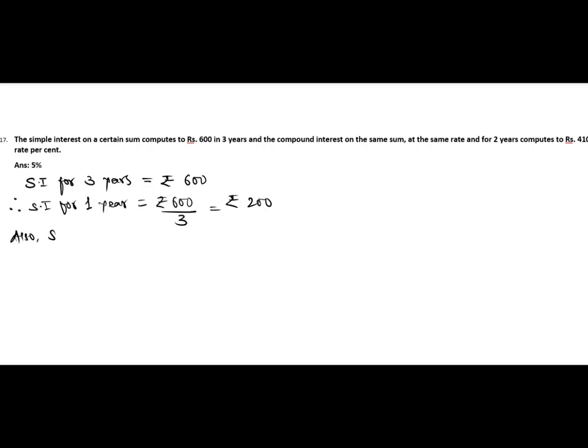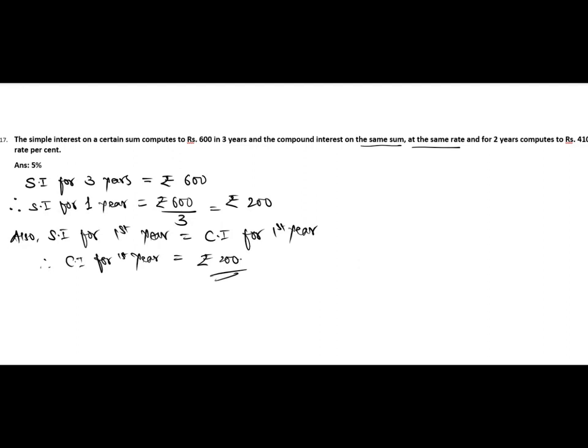Also, simple interest for the first year is equal to compound interest for the first year, for the same rate and same sum, because we have been given the same sum at the same rate. Therefore, compound interest for the first year becomes rupees 200.